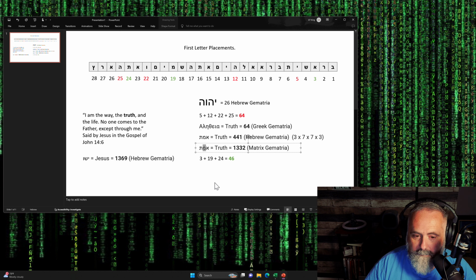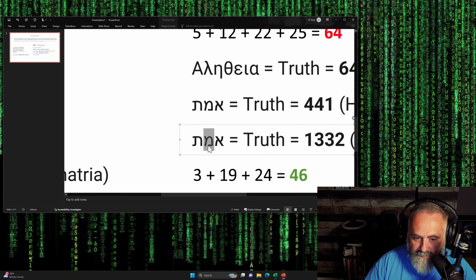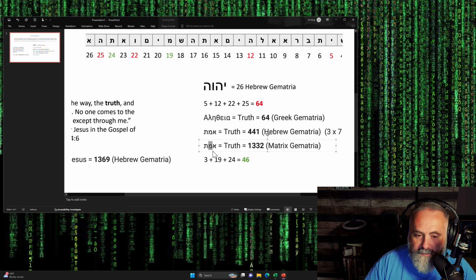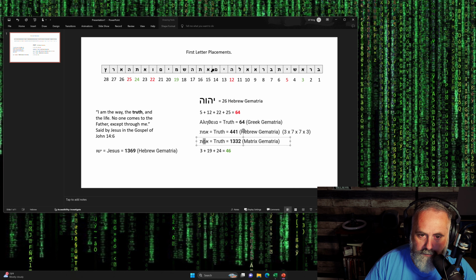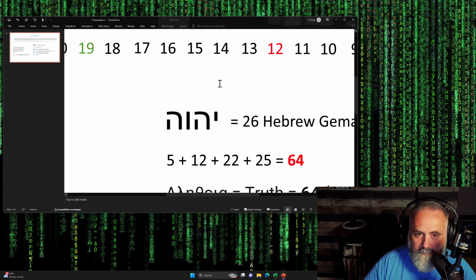If you remember, Mem can have two different shapes. If it falls in the middle of the word, it's open. It has an open shape, and what I mean by open is you can see right here, the line is not connected. However, if it appears at the end of a word, it takes on this shape right here in position 14.